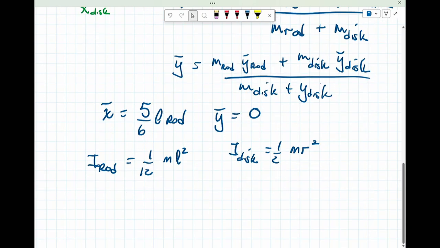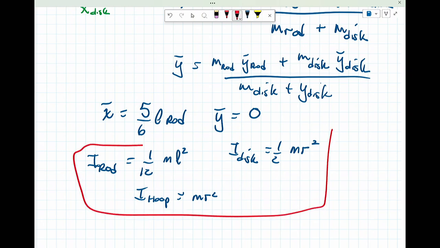And for a hoop, it's mr squared. So when I say you have to know these things, these are things that you wouldn't necessarily get on a final exam. That's pretty much the only place where it matters.